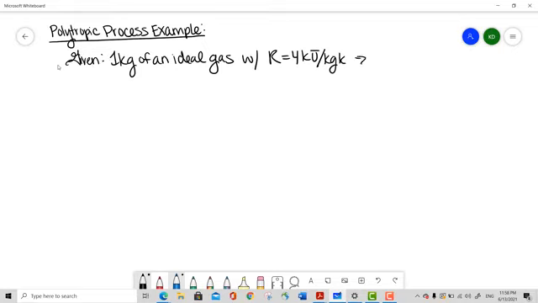And that is initially at P equals 500 kilopascals and T equals 800 Kelvin.